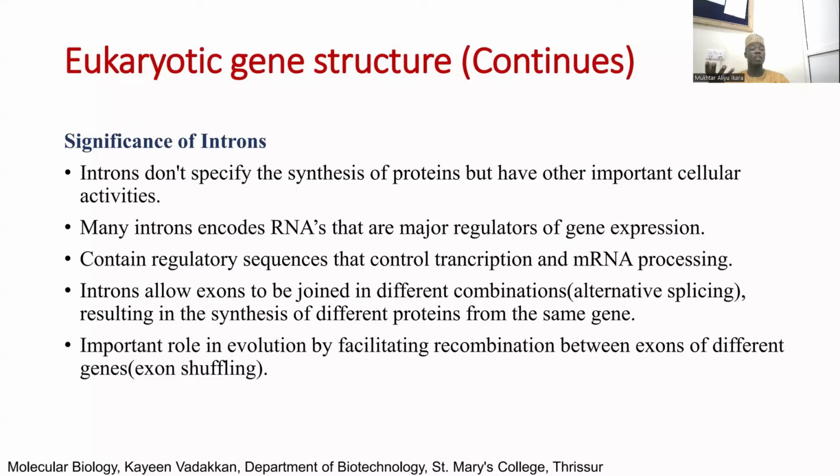Examples of the RNAs produced by introns include small nuclear RNA, or maybe let me just say microRNA, and also small interfering RNA. All these RNAs are involved in gene regulation.